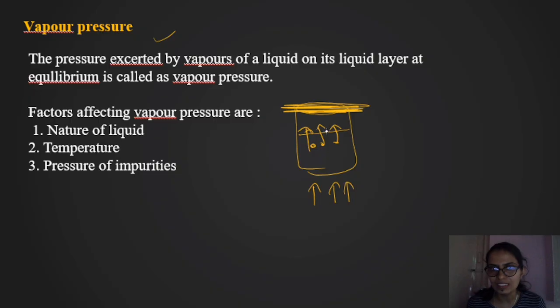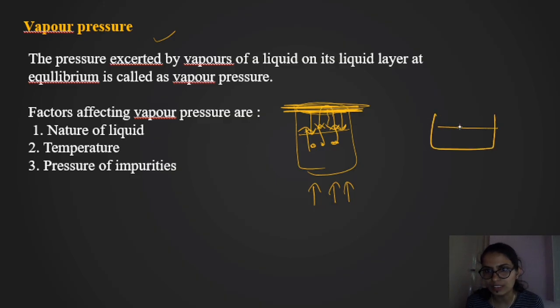So what happens? The water which is converted into vapor is going to move up and collide with the lid. And what happens? They come back and create a vapor pressure on this surface. We had a surface, right?